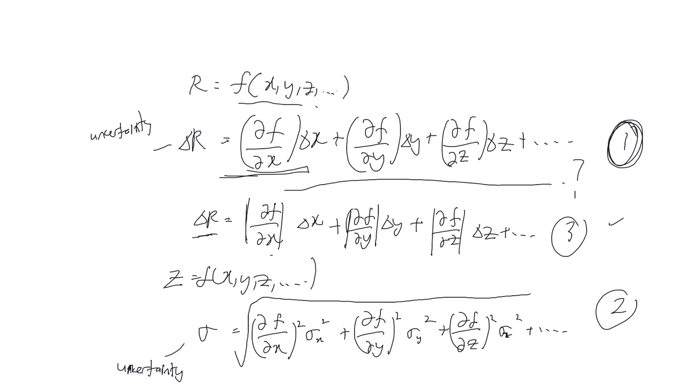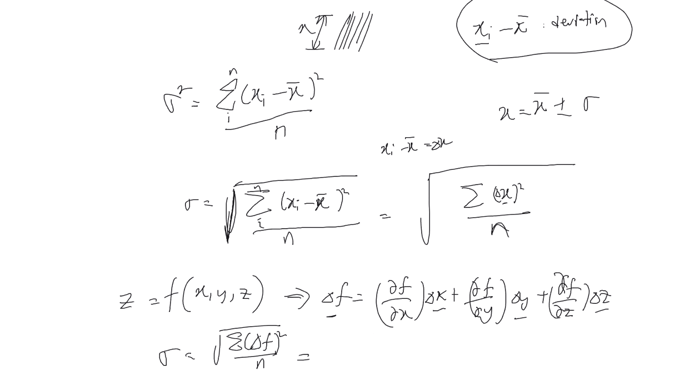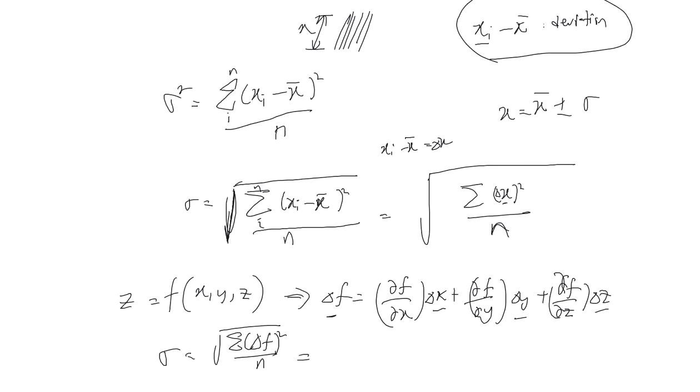Now back to our argument here. Let's expand this. Let's call this uncertainty sigma f, because our function is f.